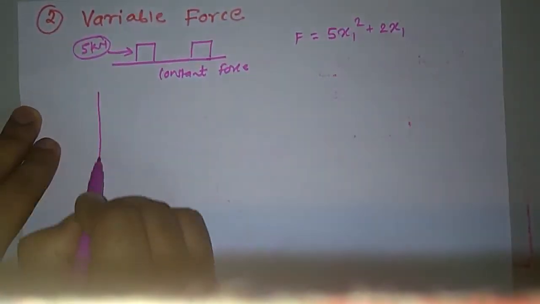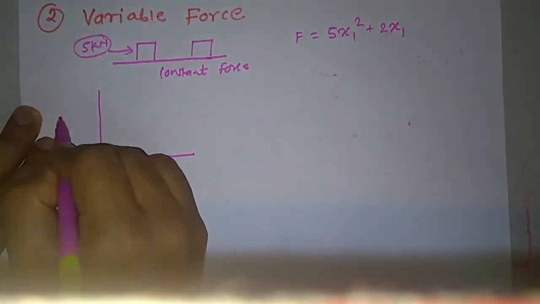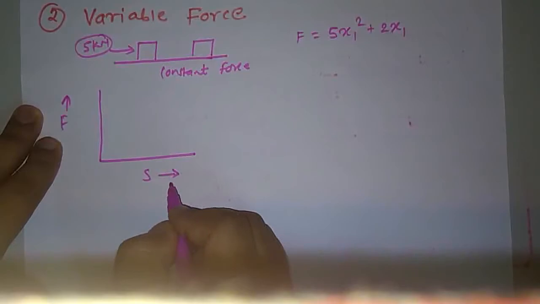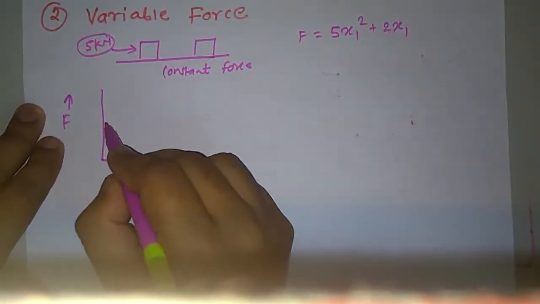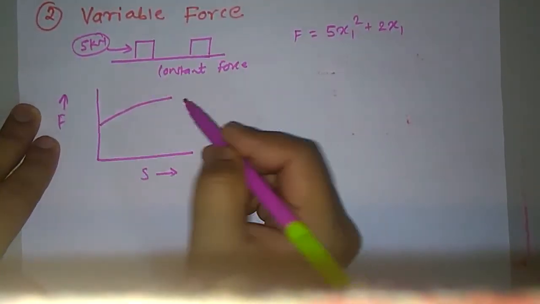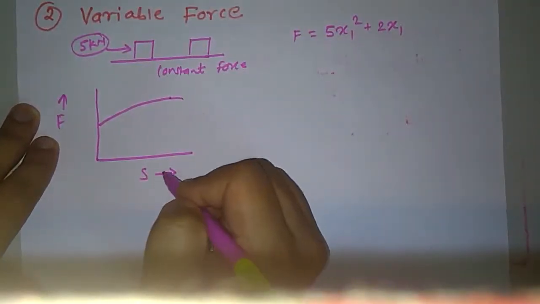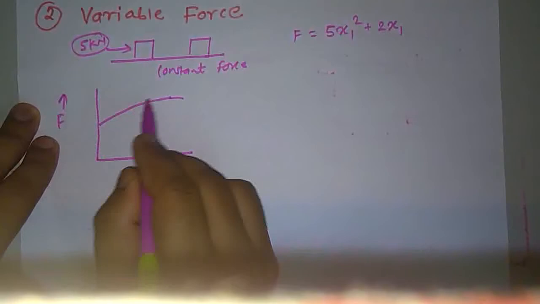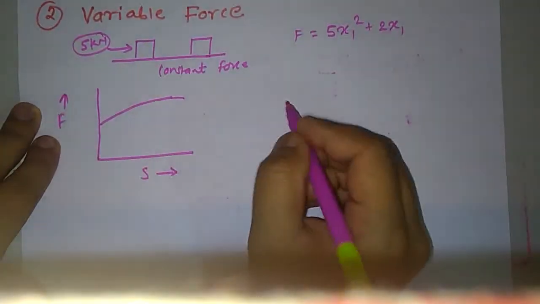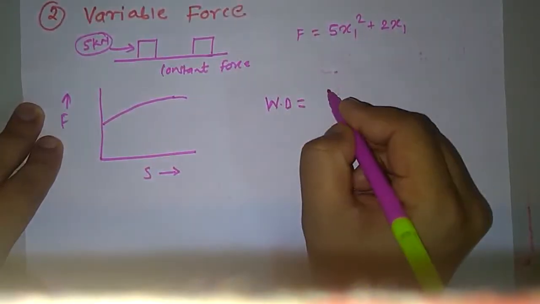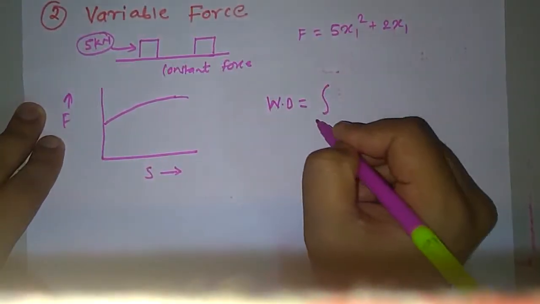For example, we will draw the graph so that you can understand. This is the force and this is the displacement. Now the force is changing, suppose it is increasing with respect to displacement, and then this force is called variable force. In this condition, what is the work done? We need to take the integral.